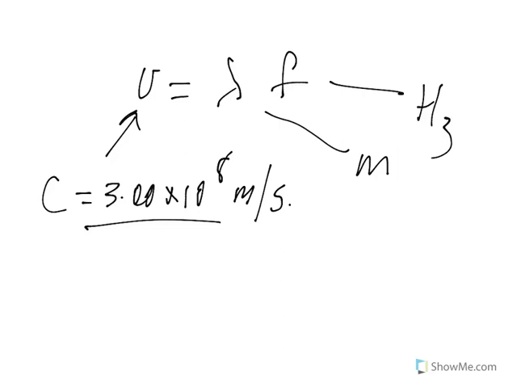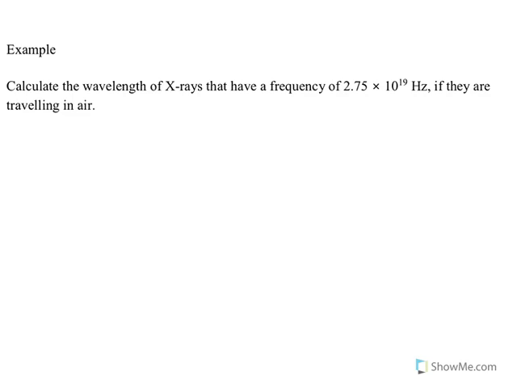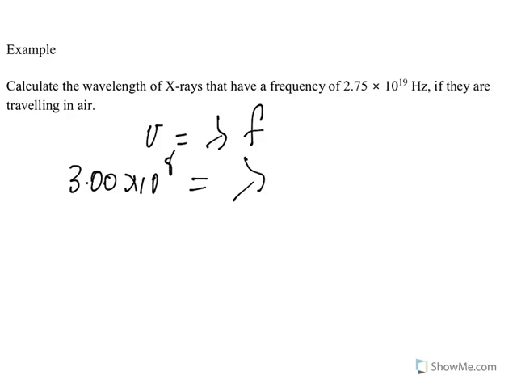So let's have a look at an example. Calculate the wavelength of X-rays that have a frequency of 2.75 by 10 to the 19 hertz if they are travelling in air. So v equals lambda f. And v, as we've already mentioned, is the speed of light, lambda times the frequency, which is 2.75 by 10 to the 19.